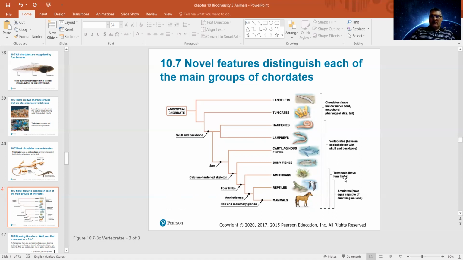And then from here, tetrapods, or the four limbs, started from amphibians. Tetra means four, like bi, tri, tetra. 2, 3, 4. So they have four limbs, including amphibians, reptiles, and mammals.